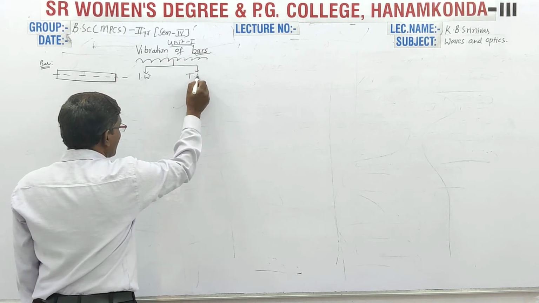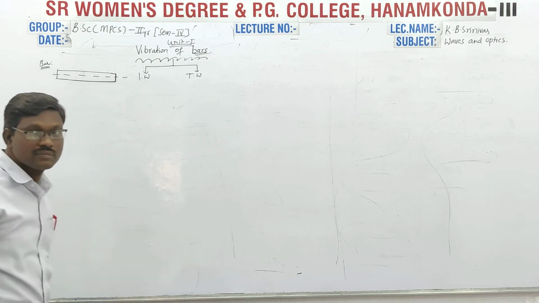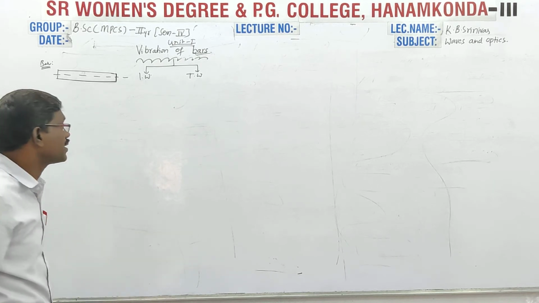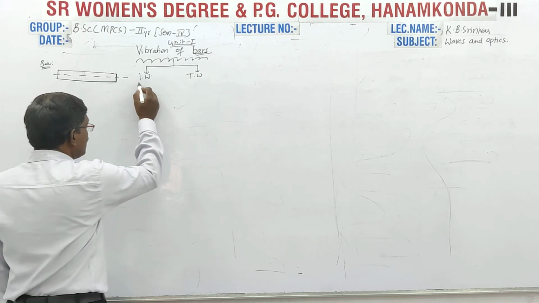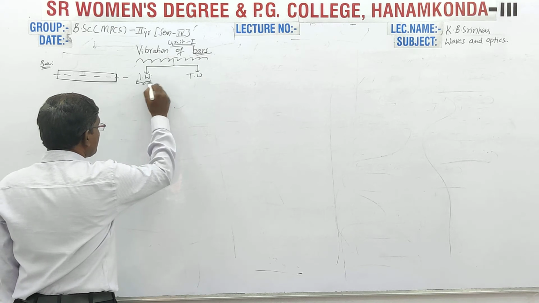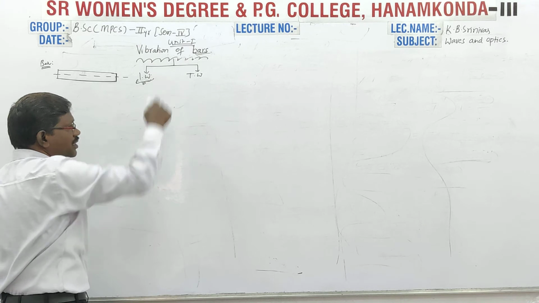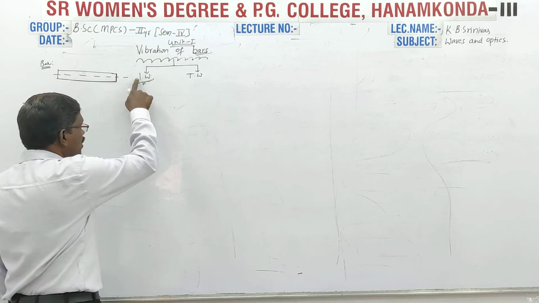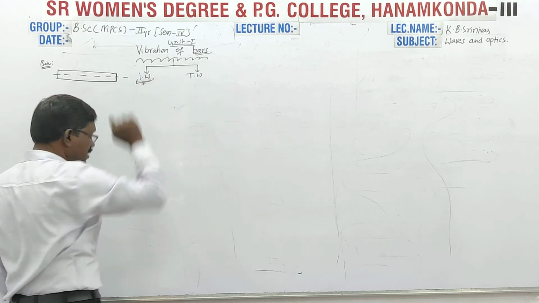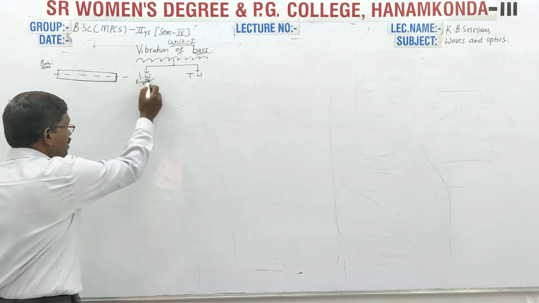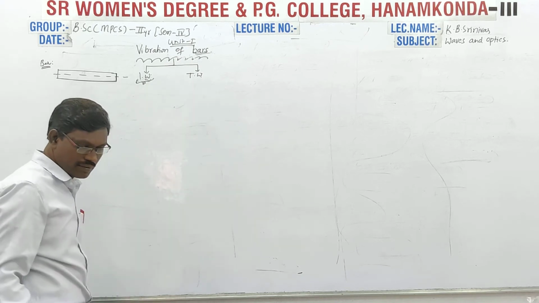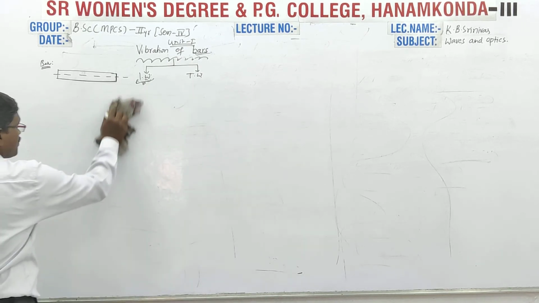Second part is about transverse waves. Clear? Right. So today I am going to explain the first part, that is how longitudinal waves are produced in bars. After completion of this part, I will explain transverse waves in bars. Listen carefully.